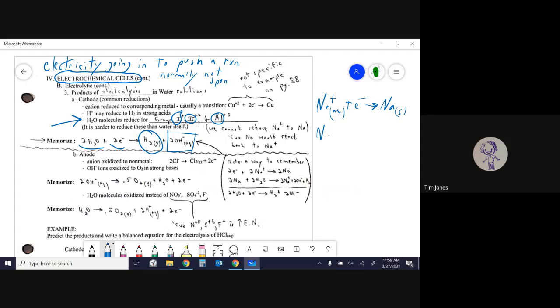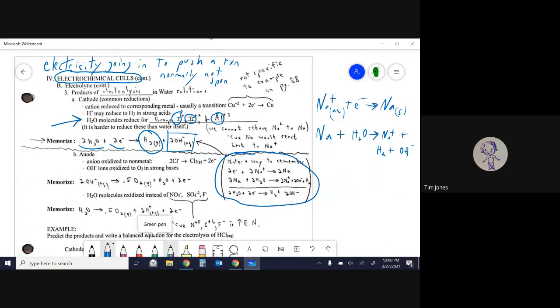Well, the sodium would immediately react with the water to turn back into the sodium ions, and it would make hydrogen gas, which is why it explodes if you do too much of it, and you also make some hydroxide. And I have that written right here to help explain why that happens, if you want to study it in more detail, and you should. In other words, when you have group 1 ions, group 2 ions, and aluminum ions in water, the water will reduce first before those ones.